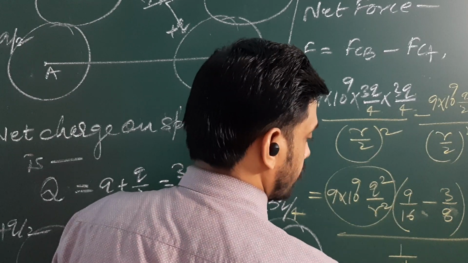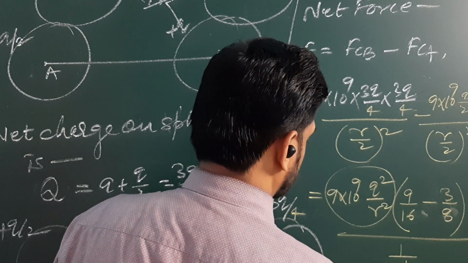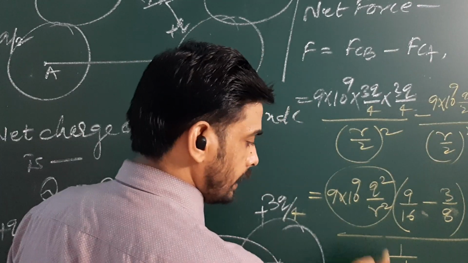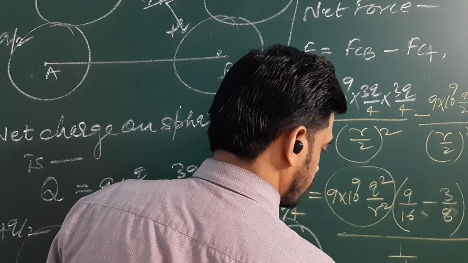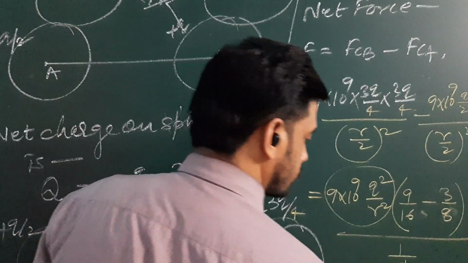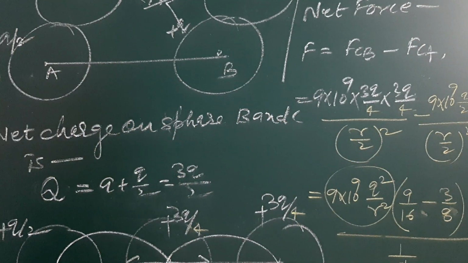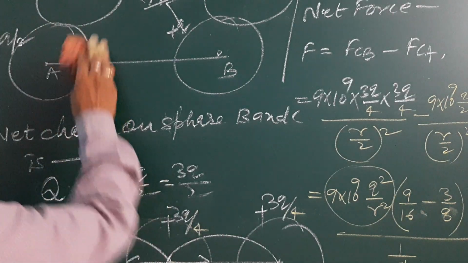So it is 9 minus 6, which is 3, over 16, and the 1 by 4 again remains. And 9 minus 6 is what? 3.